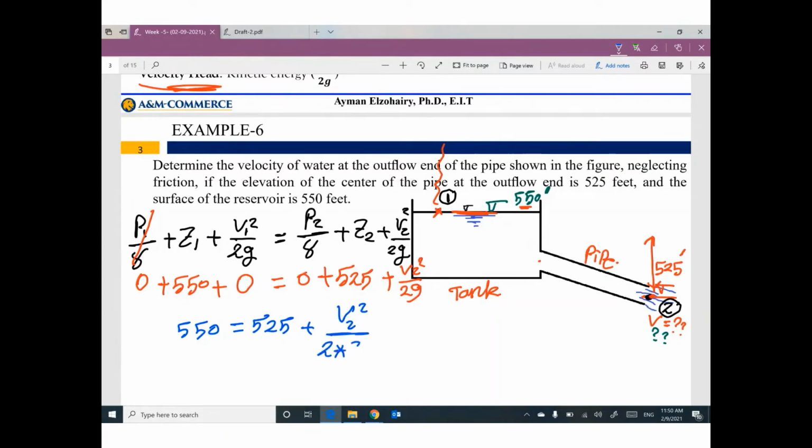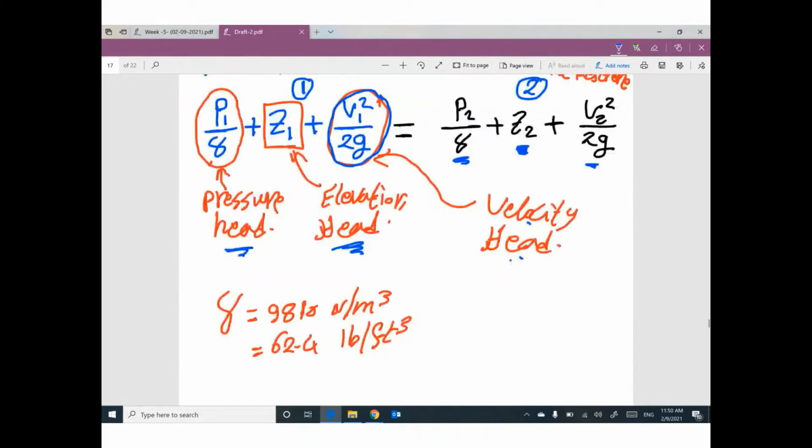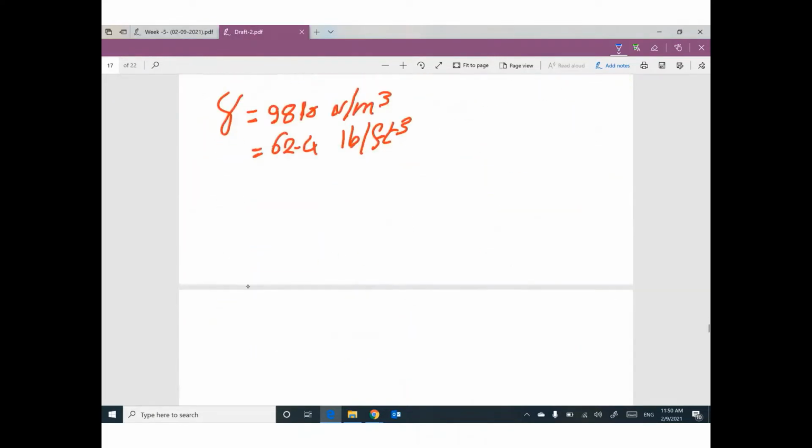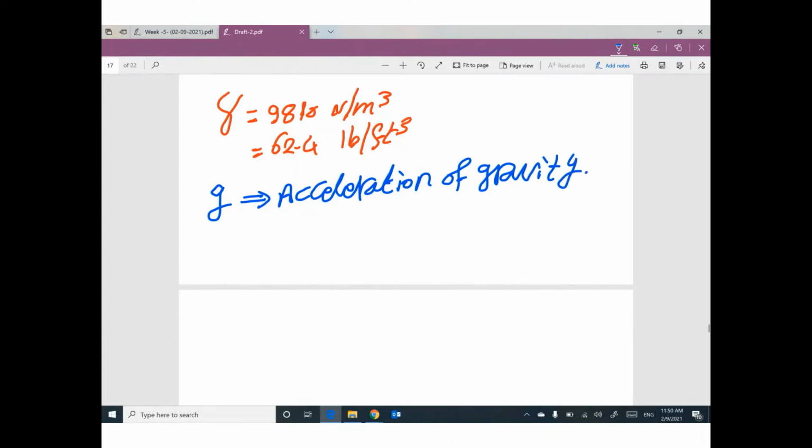G will be 32.2. Guys, just to remind you, we have a term called G, which is the acceleration of gravity. Acceleration of gravity equals 9.81 meters per second squared or 32.2 feet per second squared.